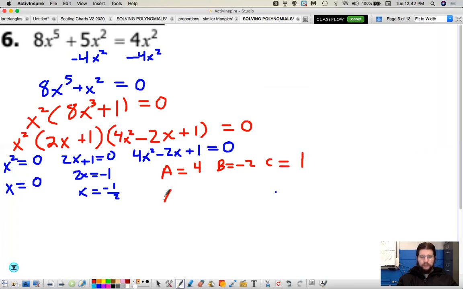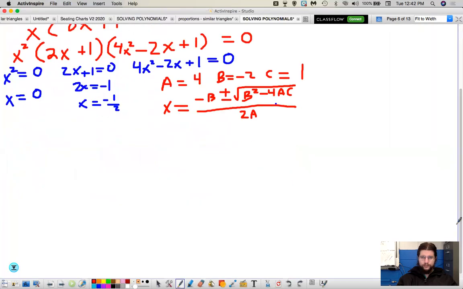Quadratic formula. You also have to have this memorized. -b plus or minus square root b squared minus 4ac all divided by 2a. Plug and chug, people, plug and chug. X equals -2.